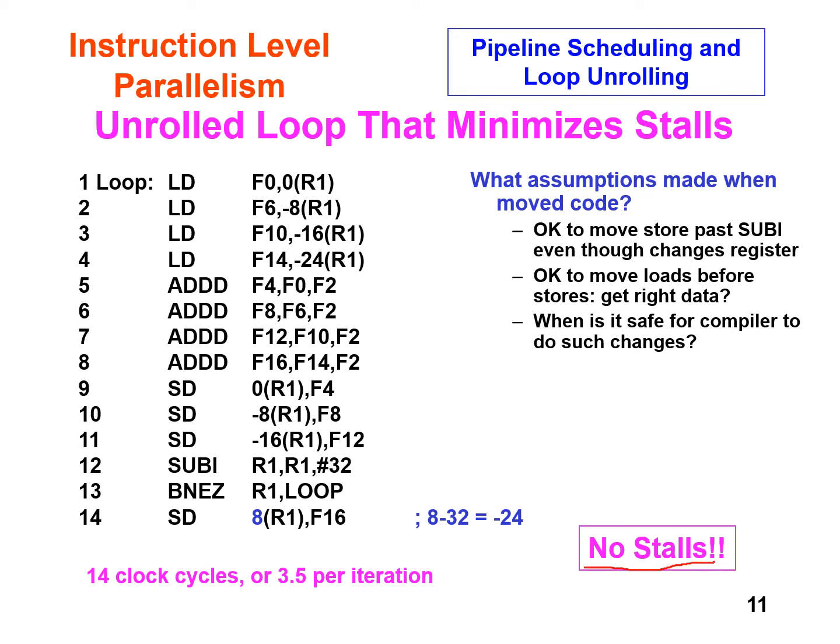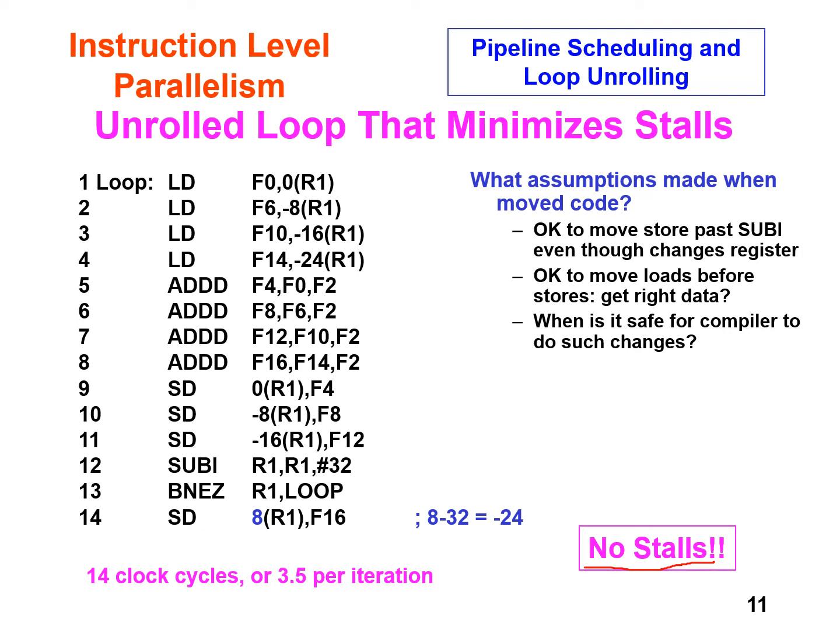What assumption have we made? Even though the subtraction changes the register, before the store instruction we can adjust for the change in the register. So these are all the assumptions we have made. To achieve loop level parallelism we have used two techniques: first is out of order execution, and the second is loop unrolling.